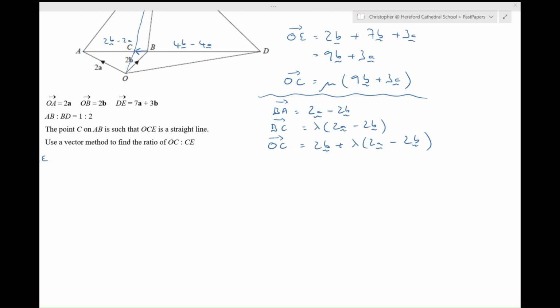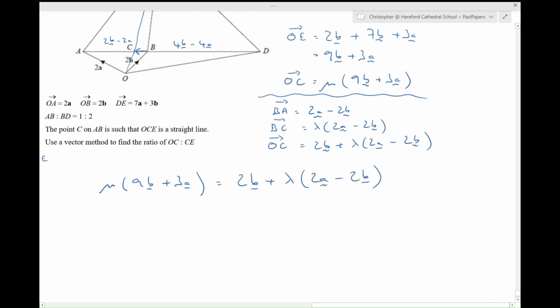Now I've got two expressions for OC, so I'm going to put them equal to each other. So I've got mu lots of 9B plus 3A, and that equals 2B plus lambda lots of 2A minus 2B.